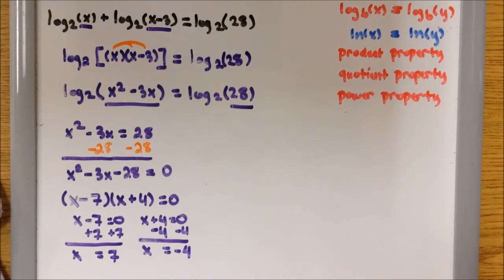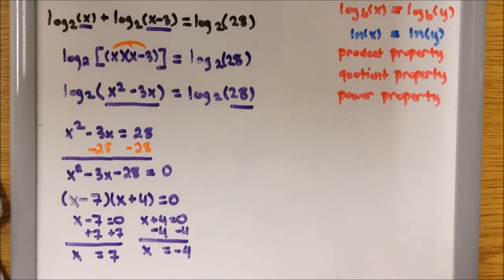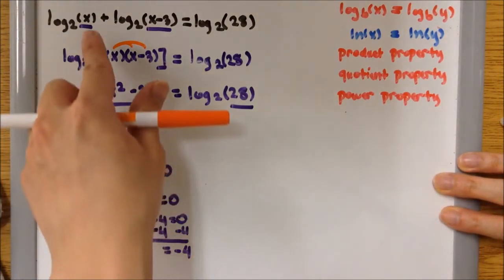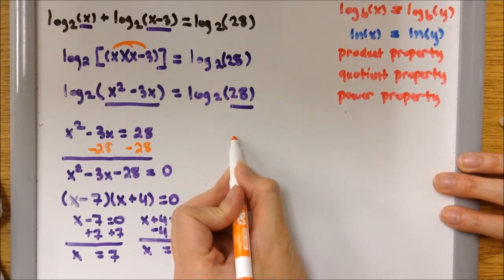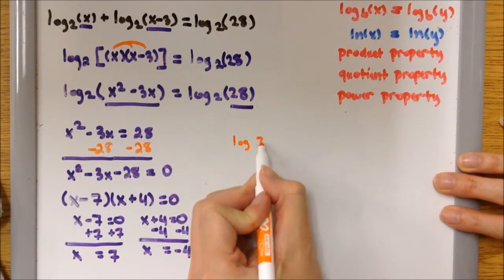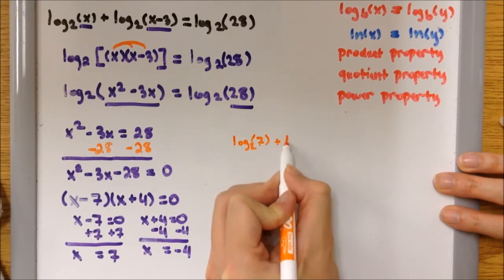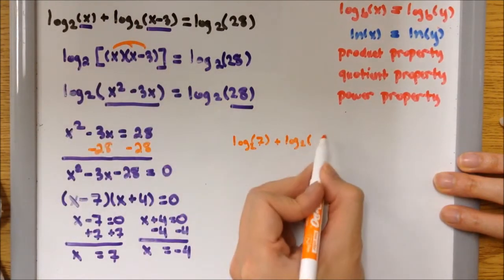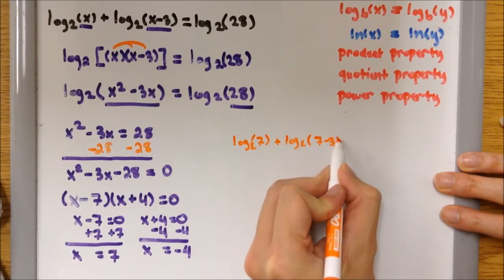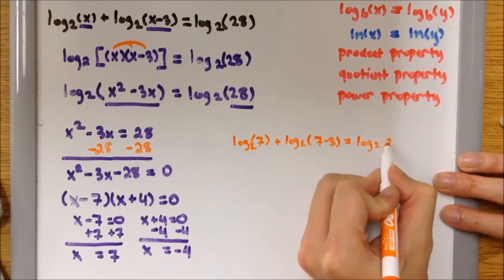So let's test out x equals 7. We're going to test it in the original problem. So I'm going to plug 7 into all the x's that I see. Log base 2 of 7 plus log base 2 of 7 minus 3 equal log base 2 of 28.